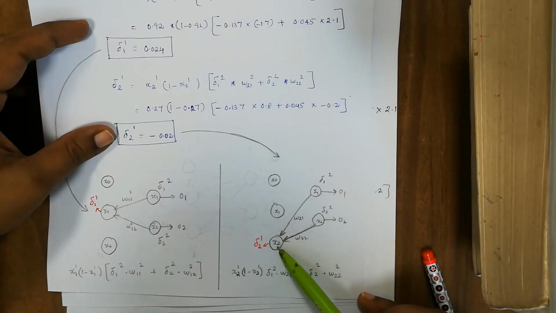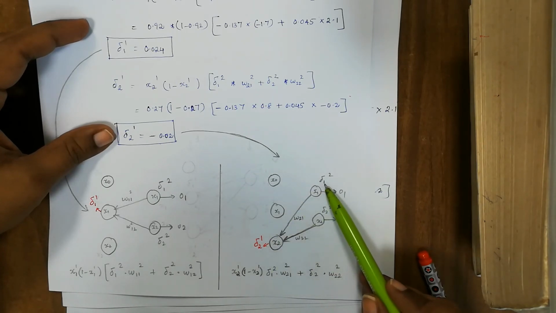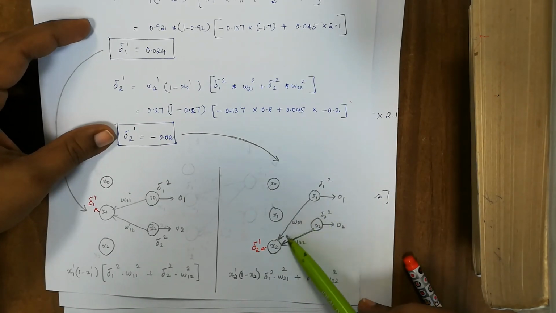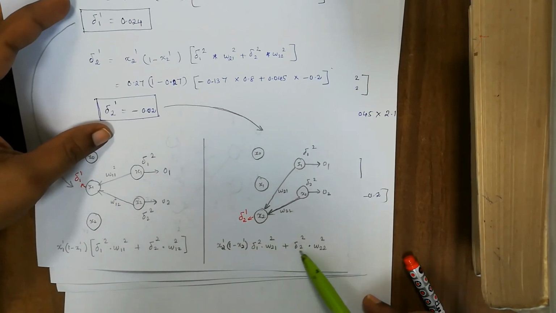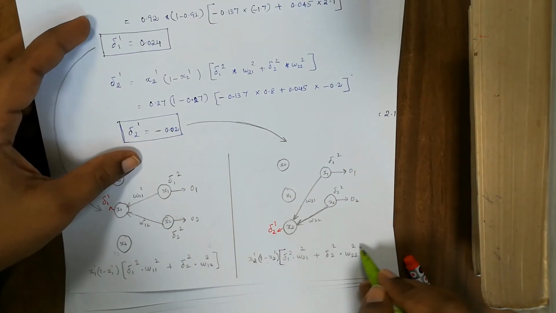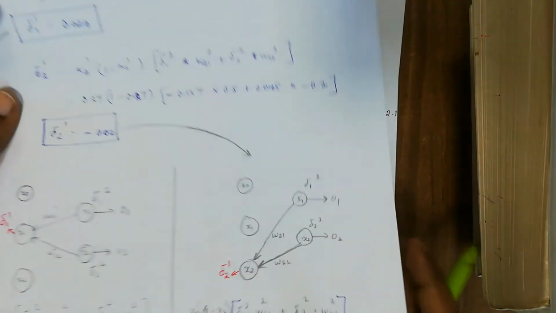If we want to calculate del 2 1 for the second node in the first layer, del 1 2 and del 2 2 get multiplied by W21 and W22, then added, and then multiplied with its local derivative. That is what we have done here. Local derivative, and then this has to be summed over the corresponding weight vector. So this I have explained in that diagram.